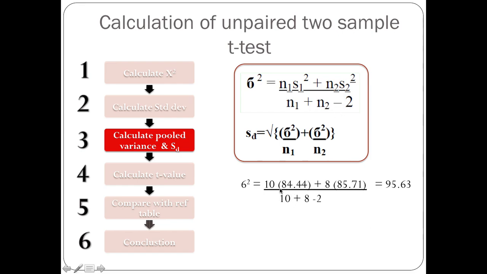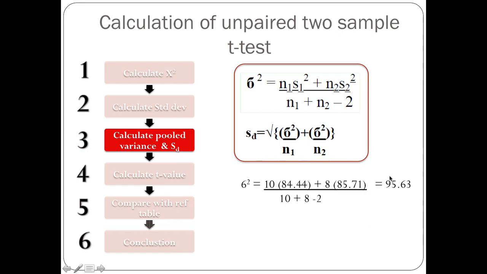So what is your N1? 10. What is your N2? 8. So minus 2, because there are two groups, so you minus 2. And your pooled variance is 95.63. So what is your standard deviation?